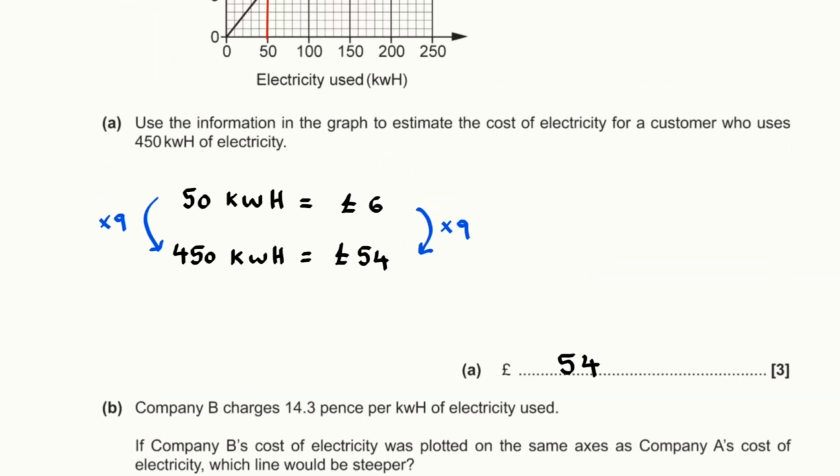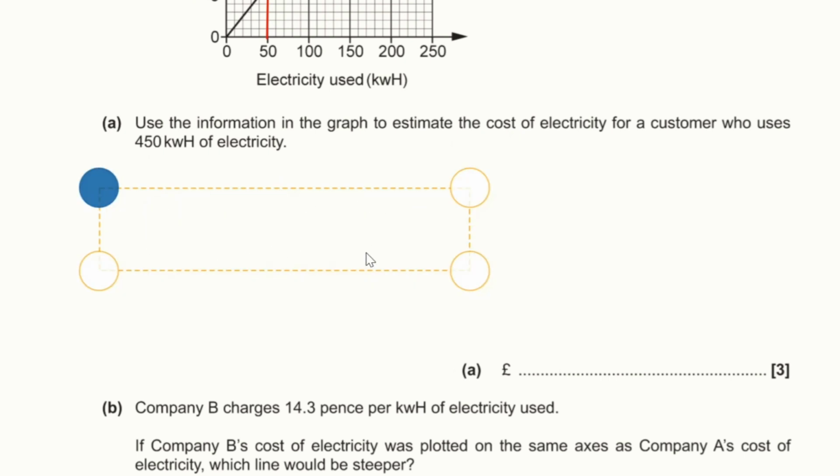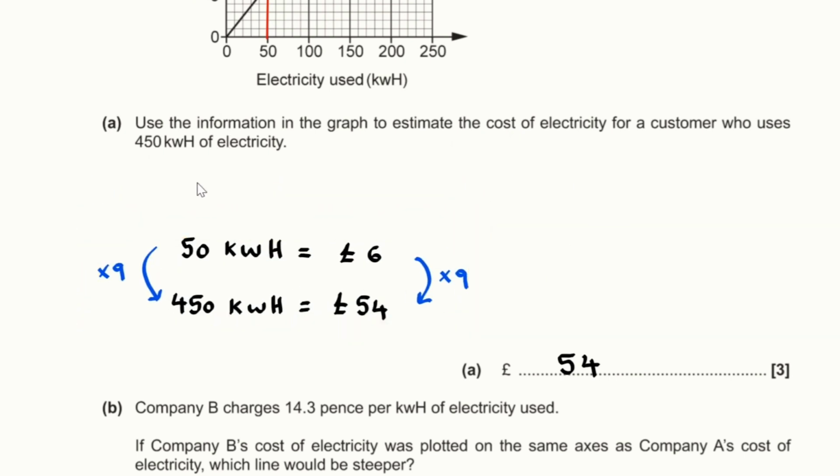Well, if I take a look at A, what we can do is find out what 1 kilowatt hour is worth in pounds. So, to do this, I need to divide by 50.